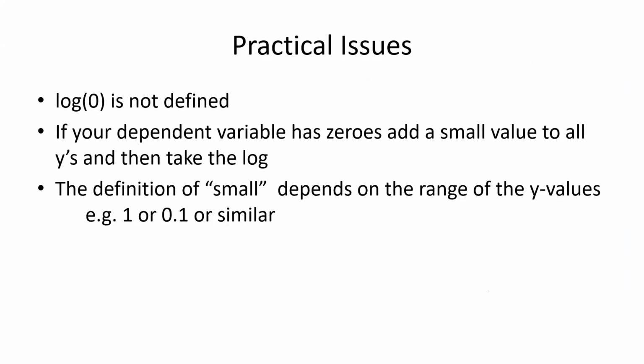The definition of what is small depends on the range of the y values. If you have values between 100 and 1,000, then certainly adding 1 is good enough. If your values are all between 0 and 1, then maybe adding 0.1 is not a good choice. Then it may need a smaller value, certainly at least as small as the smallest value in your data set. So maybe a little smaller.